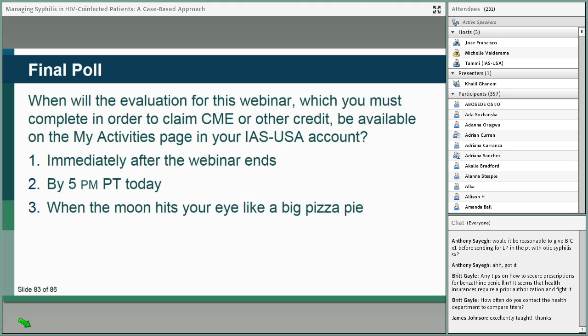Is there an upper limit of sustained RPR at which you would not consider a patient to be serofast? That's a great question, and it was asked by Janice. It's a tough question to answer, mainly because people get anxious about the RPR. Let's say you have a patient whose initial RPR is 1 to 2,048, and they have early syphilis.